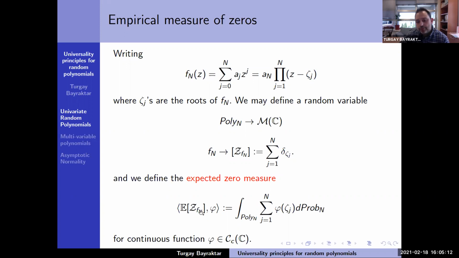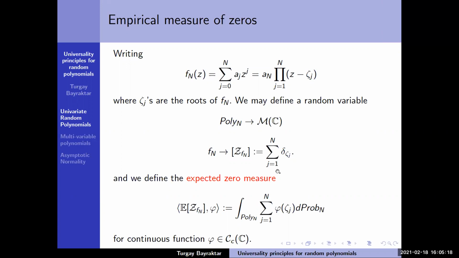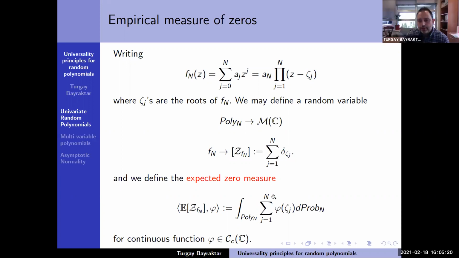And then the action of this measure on this function will be, you basically act by these random measures on phi, which is just evaluating the sum of the values of phi at the zeros of the random polynomial. And then you take an average with respect to this Prob_n on the space of polynomials. So this is your expected zero measure.